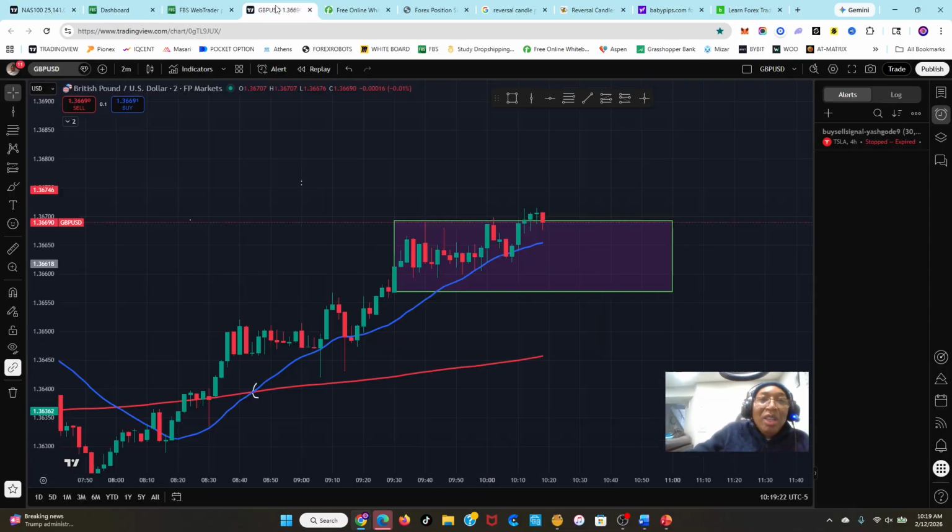Let's look at GBP. Okay, GBP is finally breaking out, but I don't really see a clear sequence.